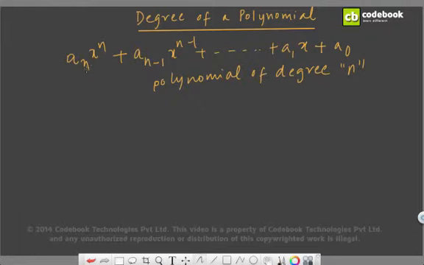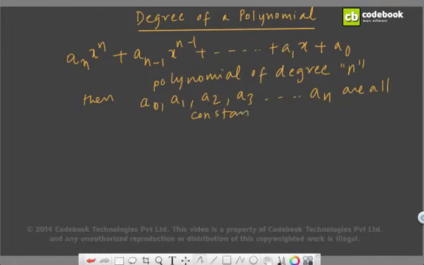If I say that this expression is a polynomial of degree n, then a_0, a_1, a_2, a_3, and so on to a_n are all constants, and a_n in particular should not be equal to 0. Only then can I say the degree of this polynomial is n.